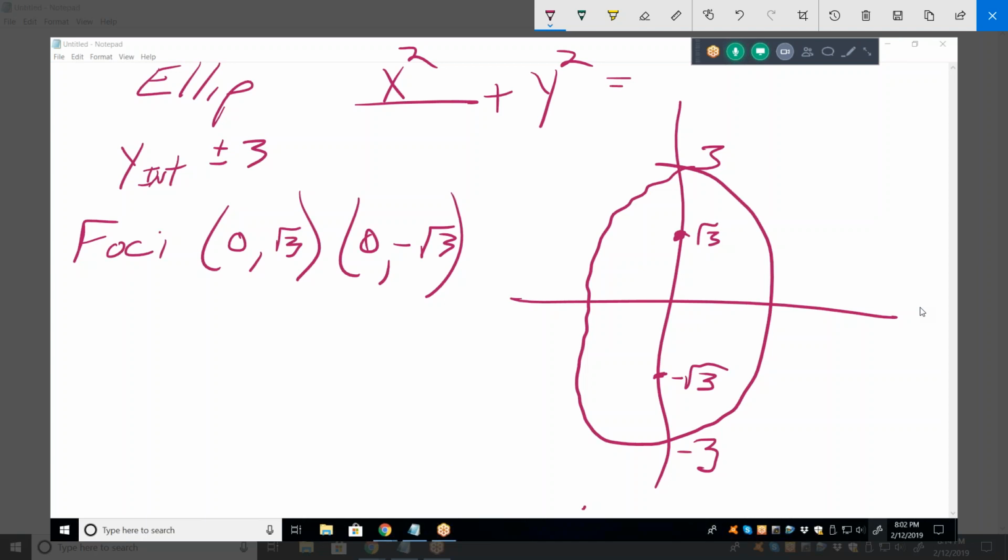Now remember, the A always goes with the major axis, which in this case is the y-axis. So we need the a squared to be under the y, and the b squared is under the x.